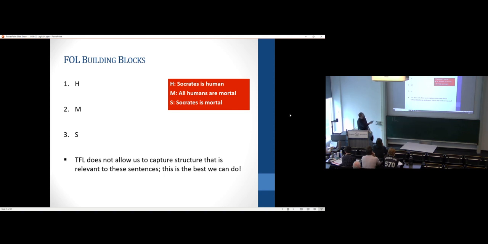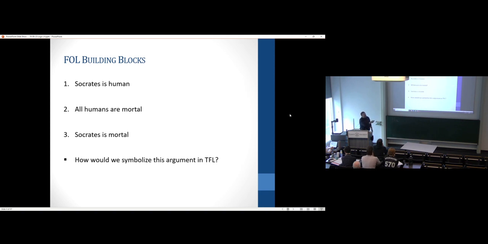Because the structure here isn't at the level just of the sentences, it's at the parts of the sentences. It's the fact that we're talking about Socrates in the first premise and the conclusion, and we're using this predicate in both cases, in 1 and 2, and we're using this predicate in 2 and 3. We need subsentential parts.